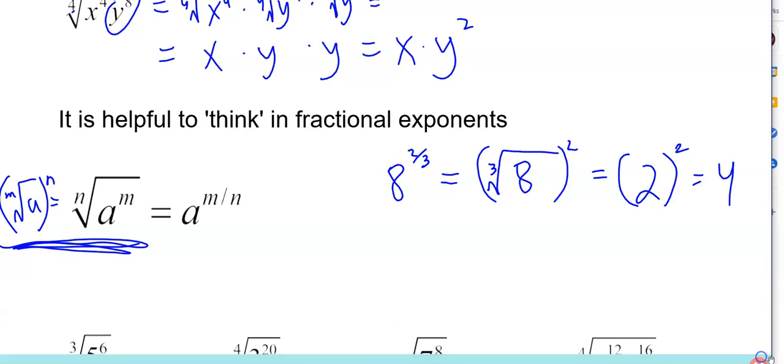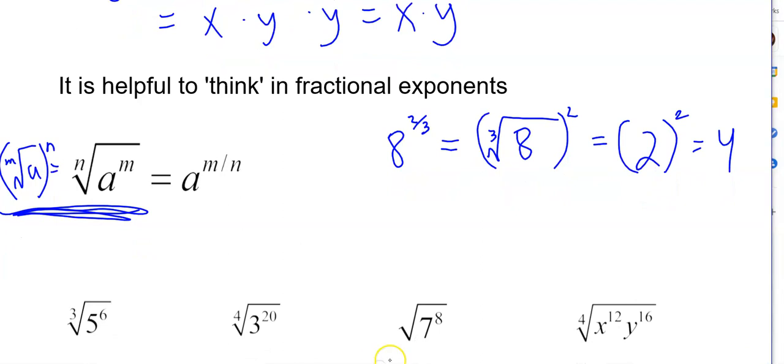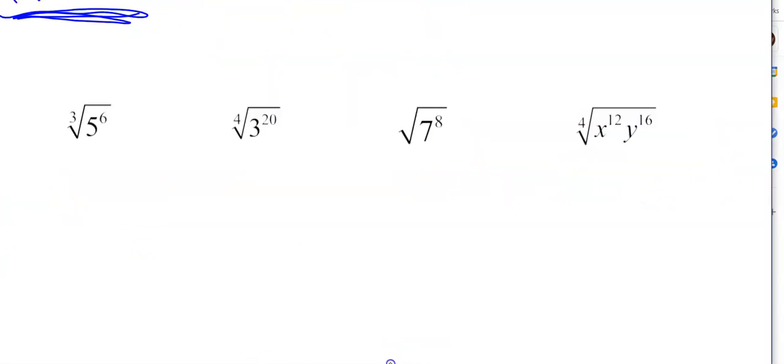So let's look at a couple of these. Okay, let's rewrite these at least in the other form, and maybe it'd be easier to solve them that way. I'm going to rewrite this in fractional exponent, or rational exponent, form. So this is 6 divided by 3, which is 5 squared, which is 25.